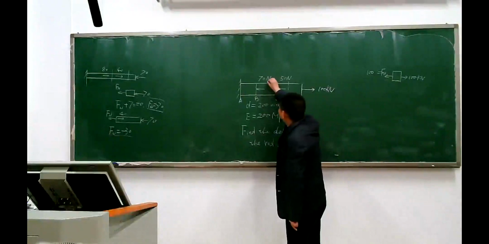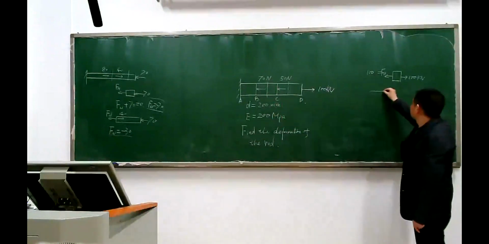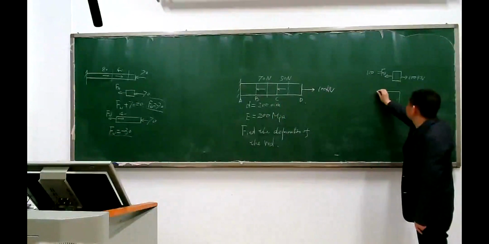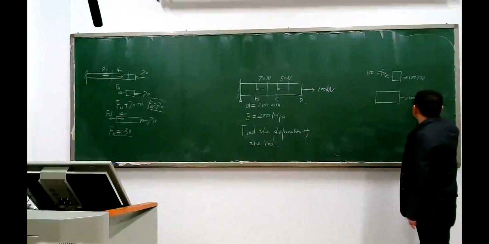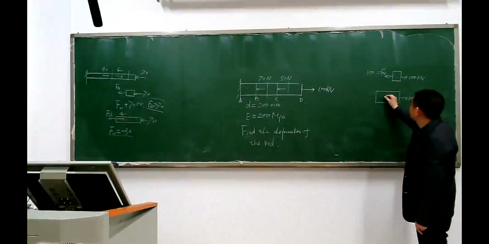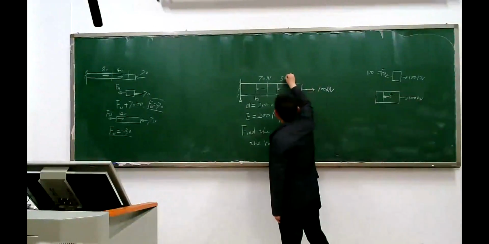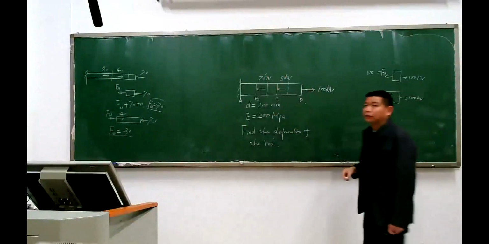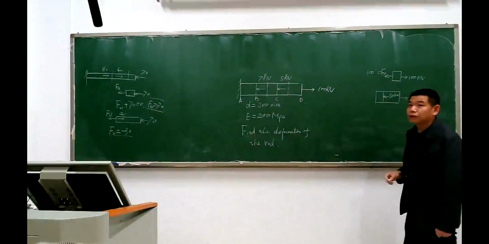Then for BC, make a cut. It's 100 kilonewton. Kilonewton is convenient.